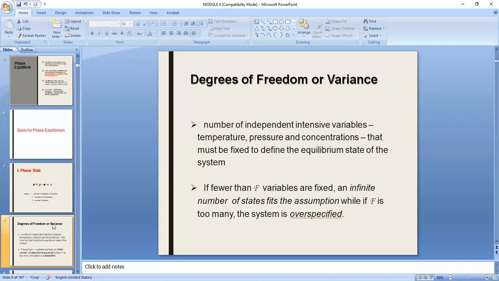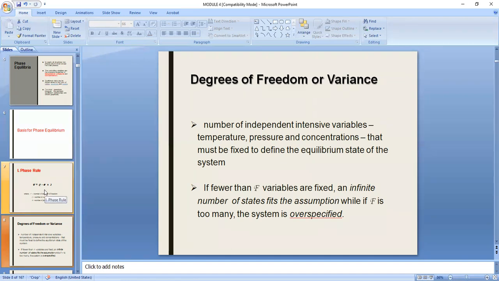While if F is too many, the system is over-specified. So we seldom encounter situations wherein your F is less than or greater than the computed F. Most of the time, we have it given already as to whatever is the computed F.